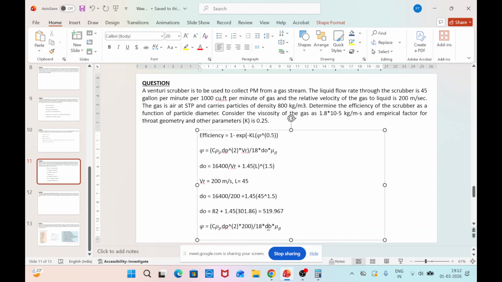We know d0, that is 519.967. We know the value of mu g, the viscosity of the gas, that is 1.8 times 10 to the power minus 5.